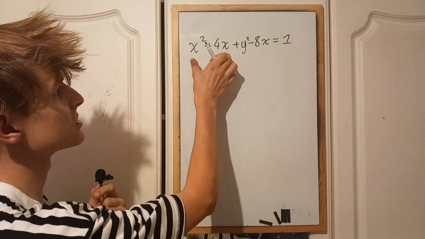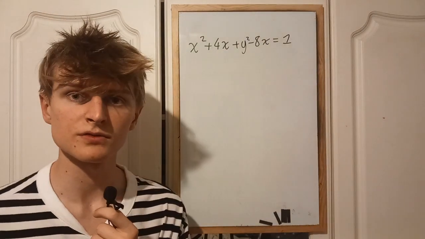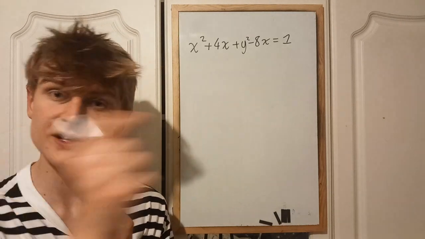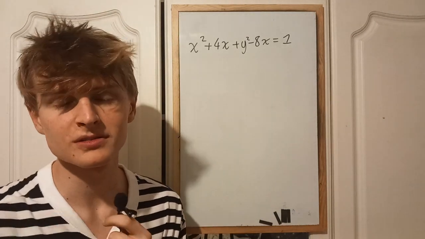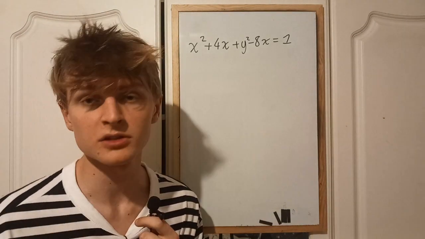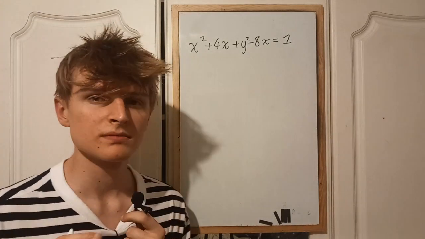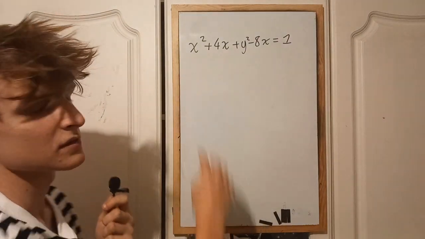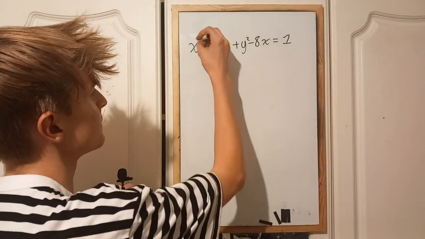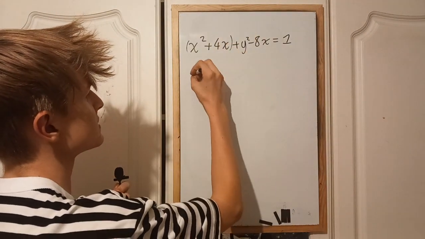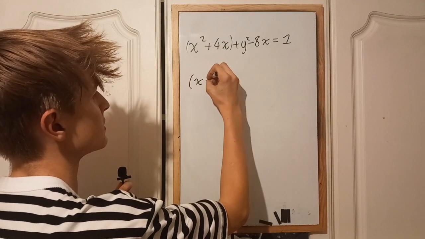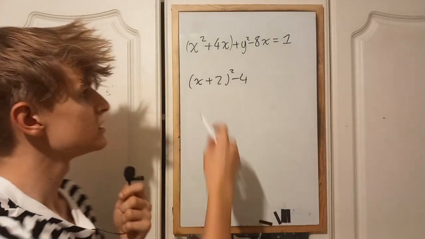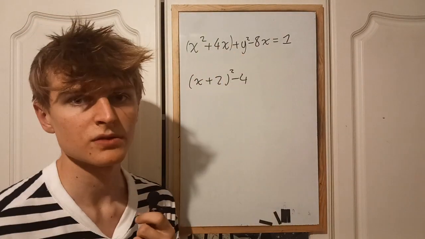So first of all, I'm just going to complete the square of this x squared plus 4x bit. And by the way, if you've forgotten how to complete the square, you can watch the video I made about it, or you can look at anything else involving completing the square. Anyway, I'm not going to delve too much into the method, I'm just going to do it. So if you complete the square on x squared plus 4x, you get that x squared plus 4x is the exact same thing as (x plus 2) all squared minus 4. If you don't believe me, just expand this out and you'll get x squared plus 4x.